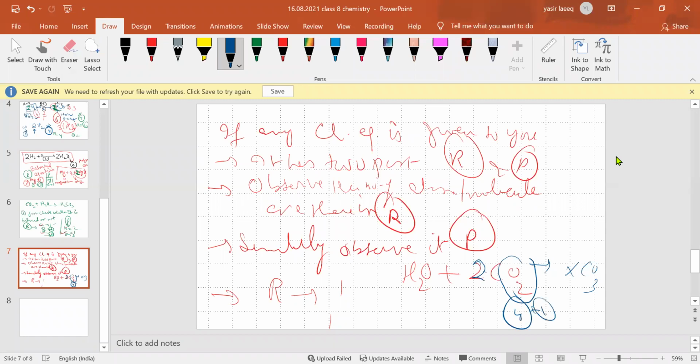So 5 oxygen atoms are there in this reactant part. Here you see 3 oxygen atoms. So we balance it. All the number of atoms in elements should be balanced on both sides. This is the main thing of chemical equation balancing. Balance each and every element so that they contain the same numbers.